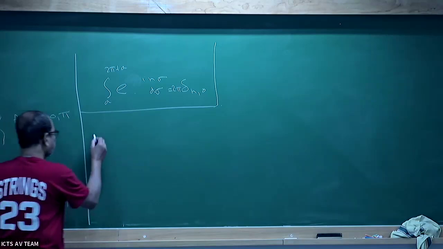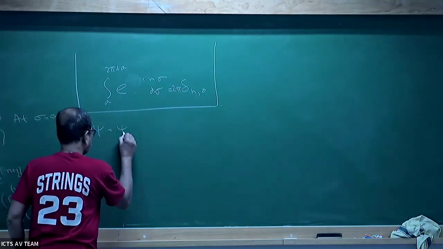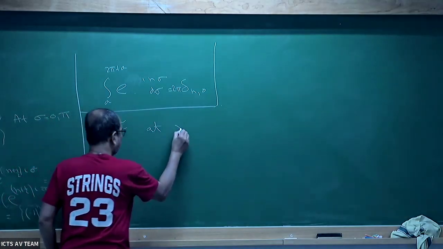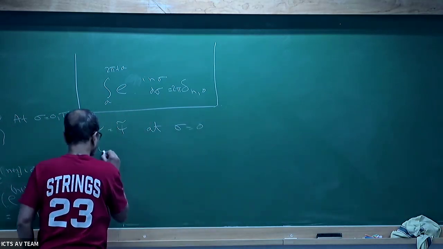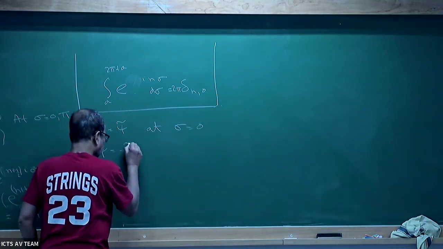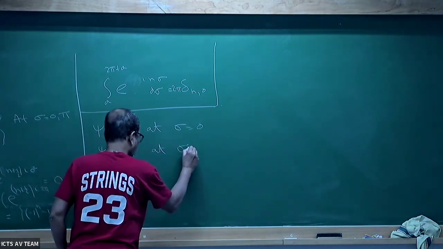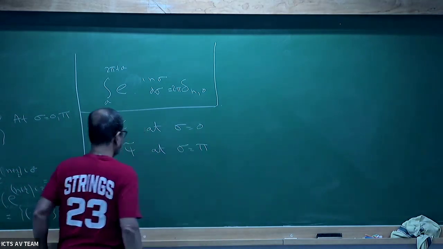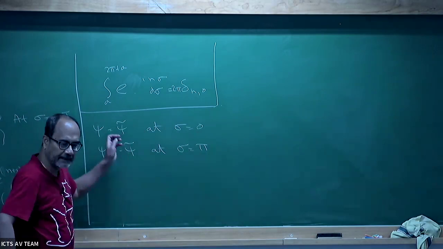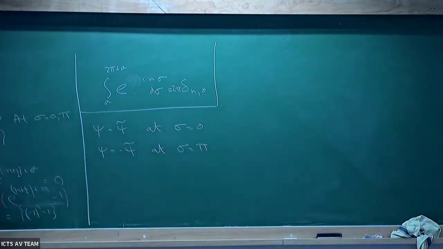Now you can do various combinations, but the only inequivalent boundary condition that you can have is the following: that psi equals psi tilde at sigma equals 0 and psi equals minus psi tilde at sigma equals pi. You could switch; at the end, the final result will not change.